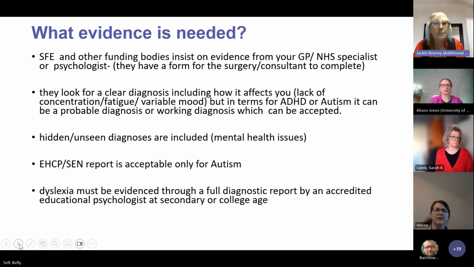Don't know why, but Student Finance England and the other bodies have decided that they will only accept an EHCP as evidence in the case of autistic diagnoses.